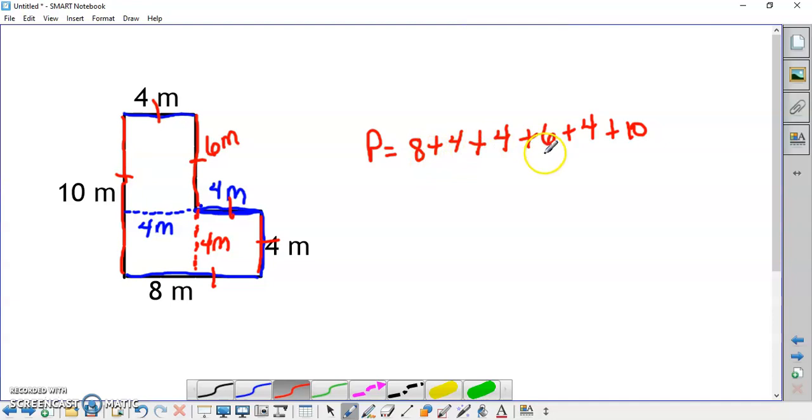That's 22. 22 plus 14 is equal to 36. The perimeter of this shape is 36 meters.